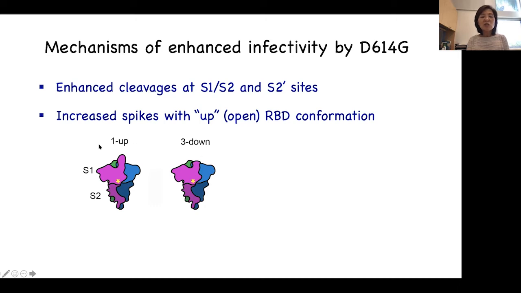What they are saying is that with the D614G mutation, this one-up population portion is increased.